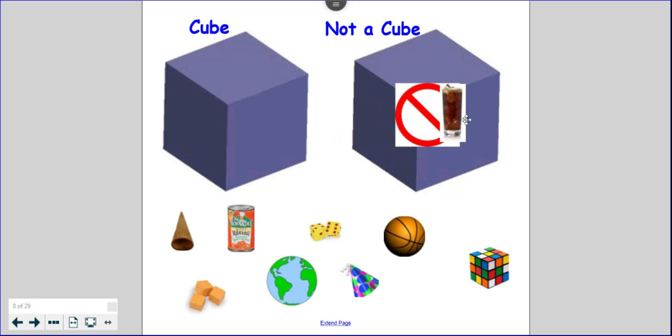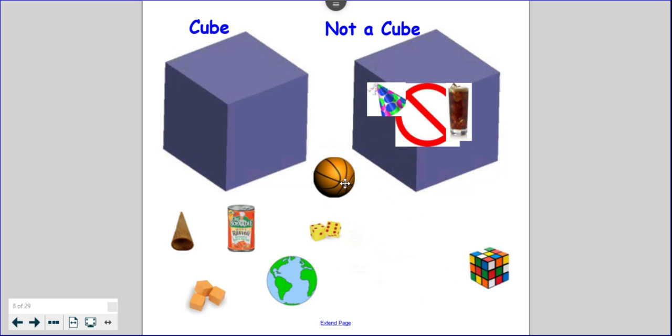That doesn't look like a cube to me. What about this party hat? Do you see any sides that look like squares? Just like this picture of a cube? Me either. That's not a cube.